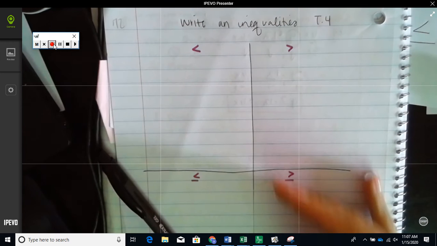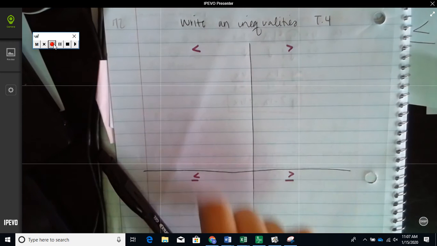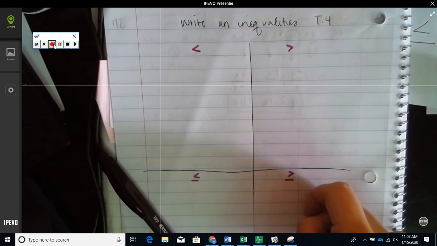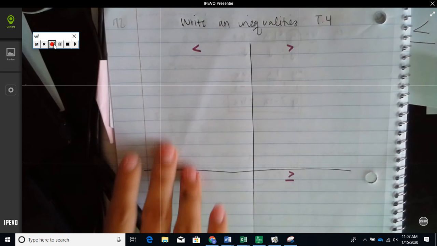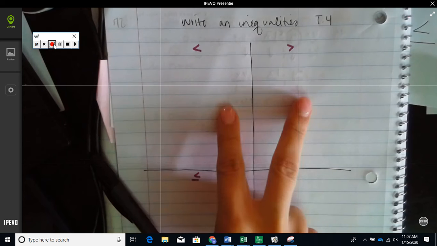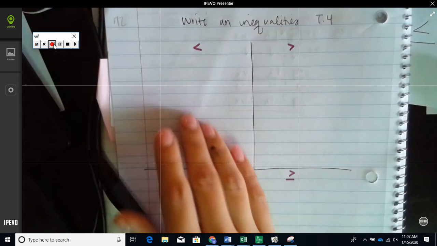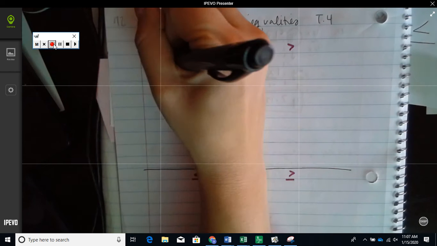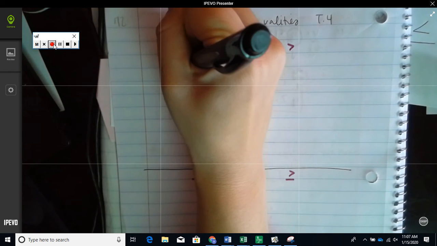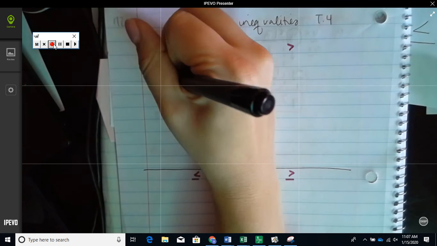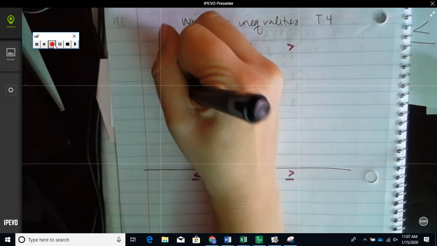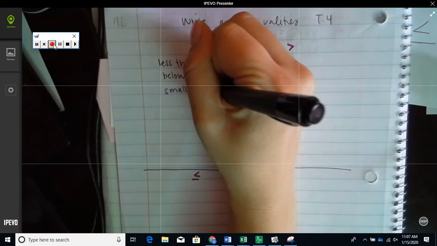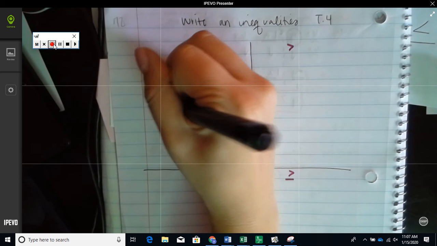But there's some murky water in between these two. Does everyone know what I mean by that? That's what you have to think about, which one of these between the two it is. But these are two different, complete opposite ends of the spectrum. So this one is less than. It would be something like below, or smaller than, or fewer.